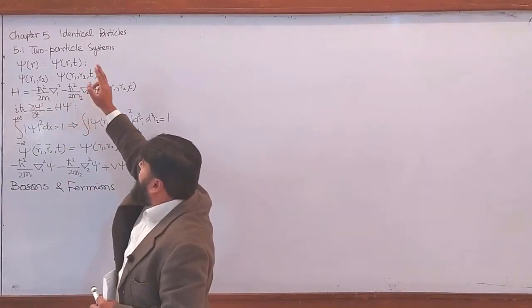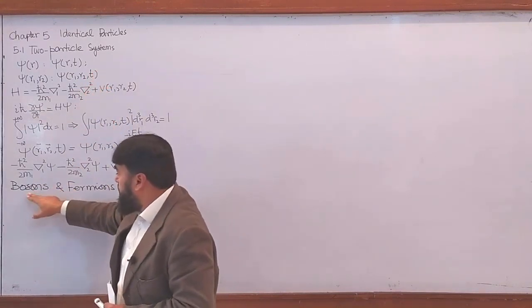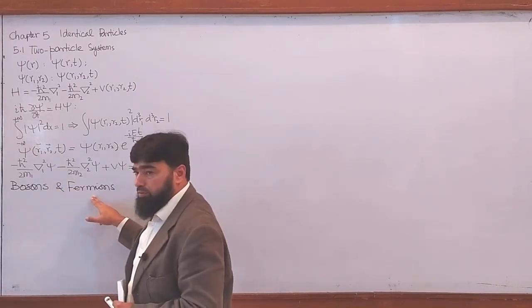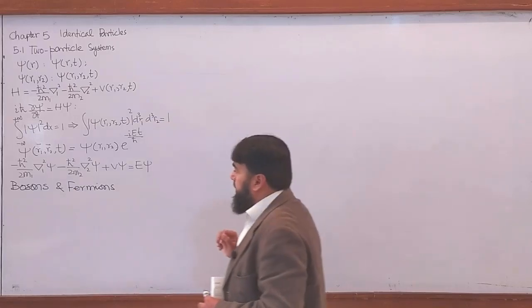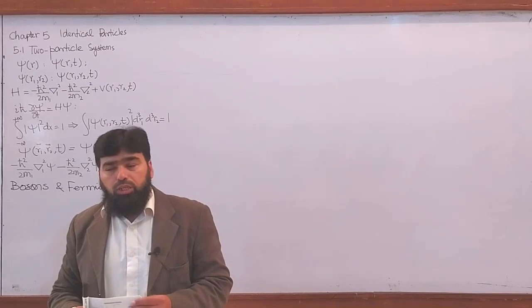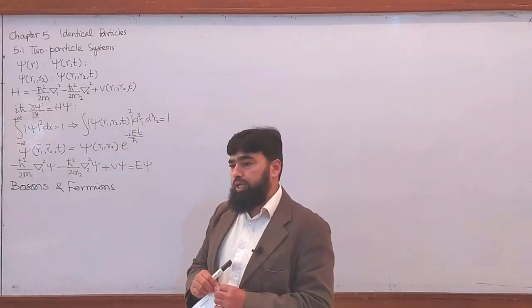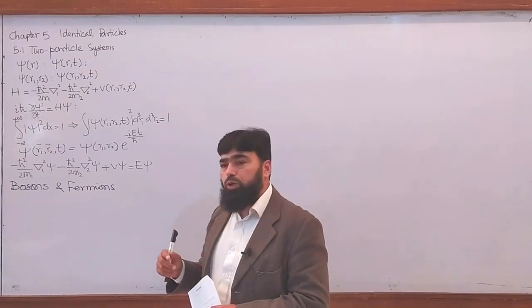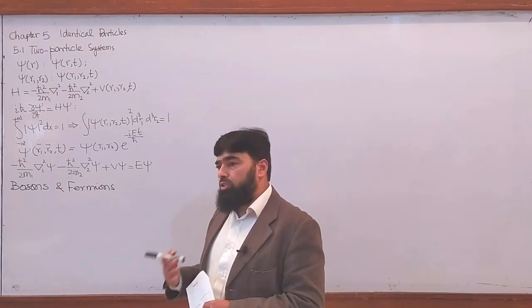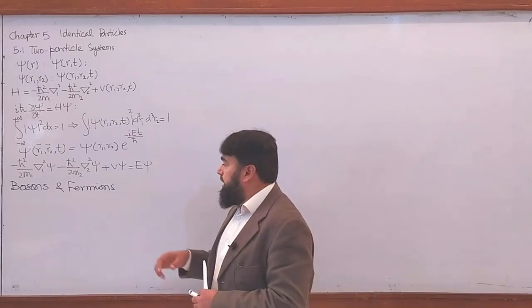Now, when the particles are identical particles, whether they are identical bosons or identical fermions, you will have to understand that some of the phenomena are purely quantum mechanical. We cannot visualize them classically. They are not classical phenomena that we can visualize.